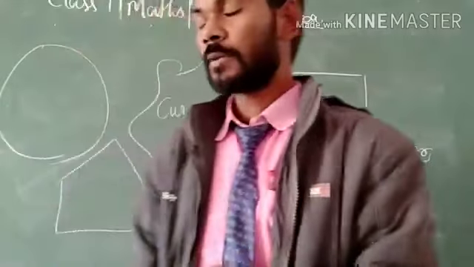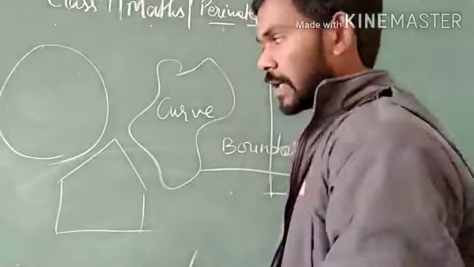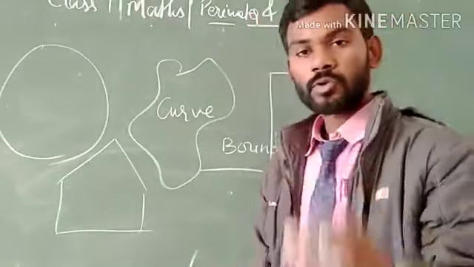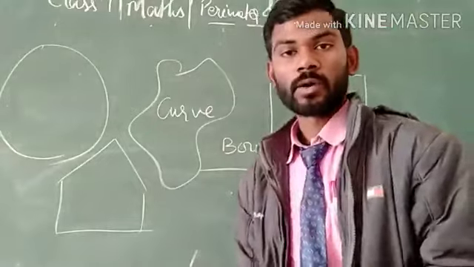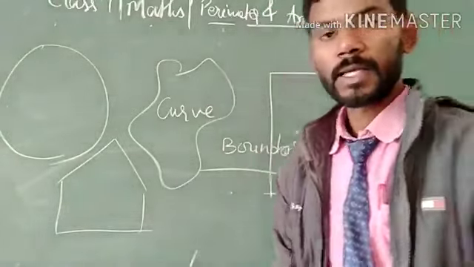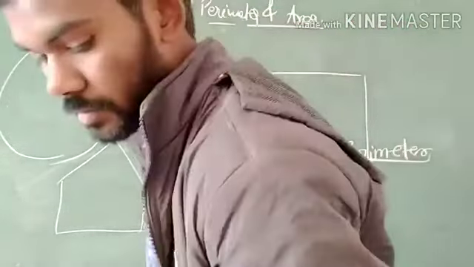Okay, so from this we can define: the total length of the boundary of a closed figure is called perimeter.